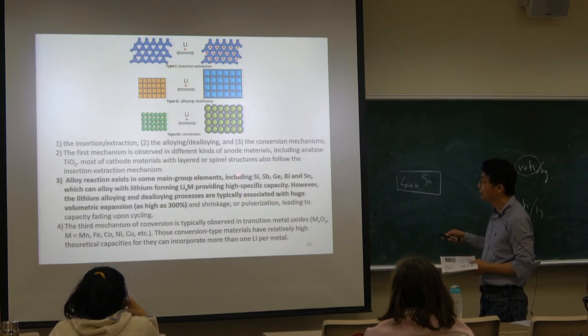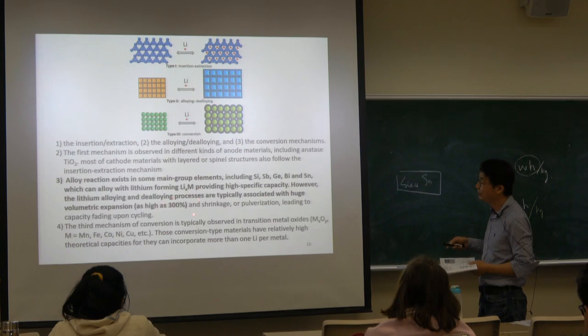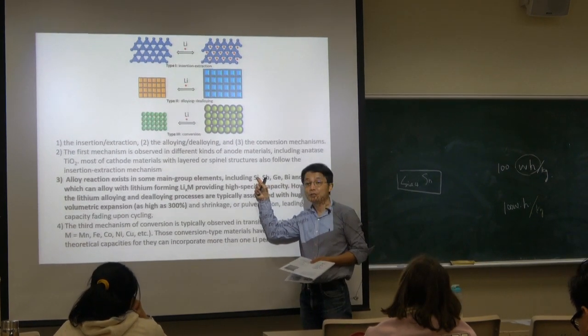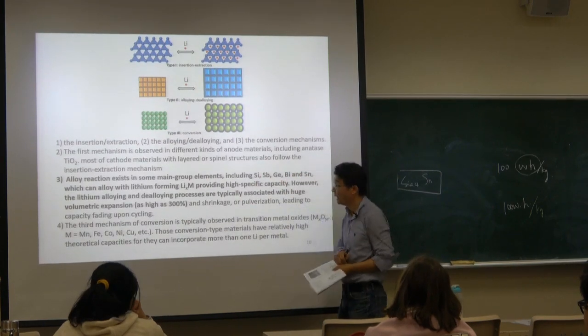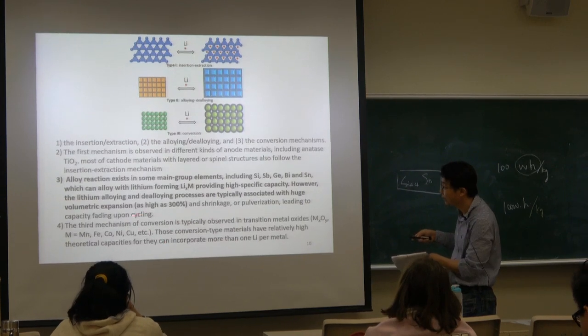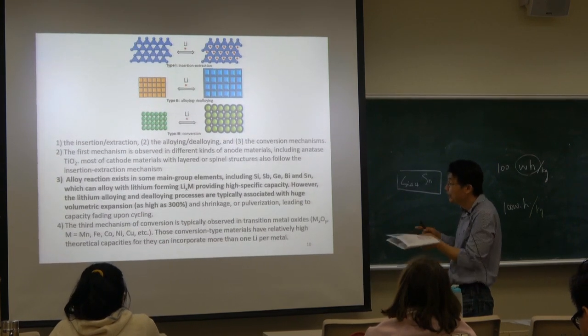However, most of them have a high volume expansion, around 300. If you look at silicon, 400 is quite high. That's why the third mechanism is called conversion.